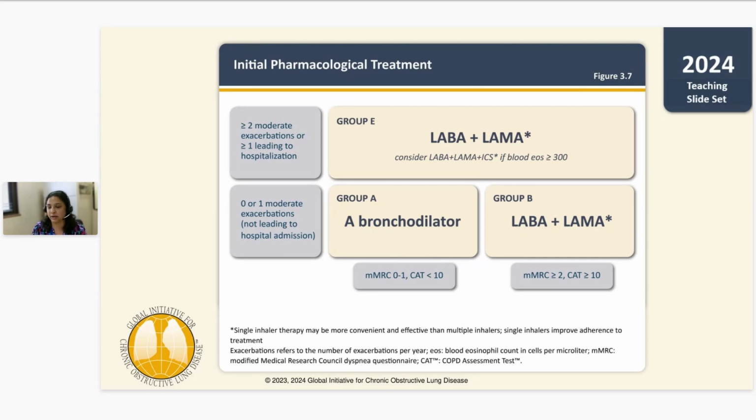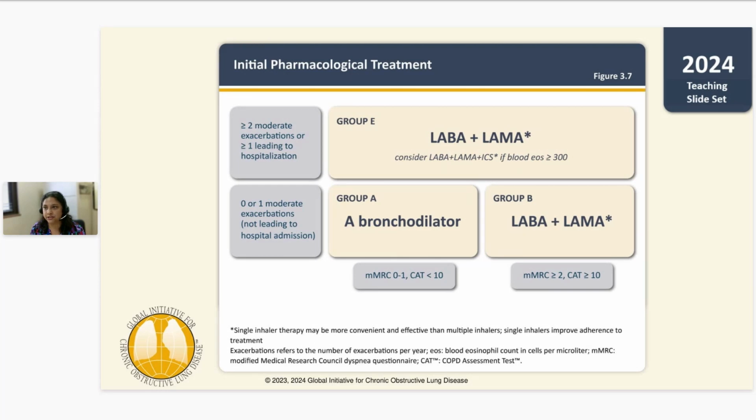Once they start to have more significant symptoms is when you want to add on additional maintenance therapy. This is when the LAMA-LABA combination is helpful. As a single inhaler, it's more convenient and more effective even than multiple inhalers. And then still prescribing the albuterol as the rescue inhaler.